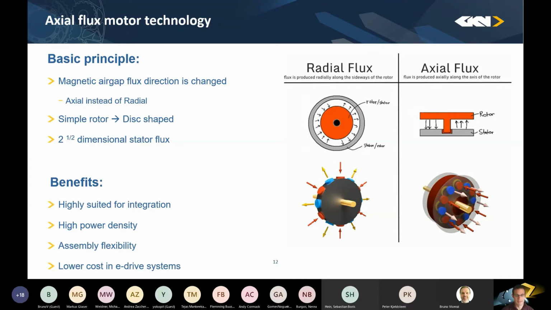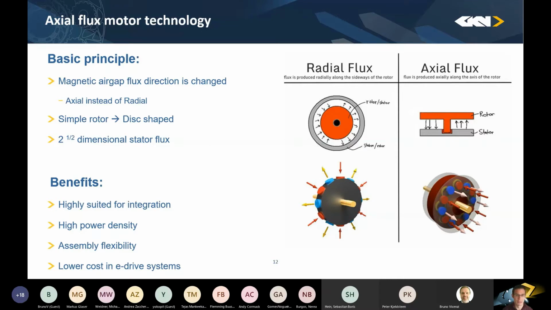On one hand, and that's especially important for smaller motors, with this disc-shaped rotor motor design, you can integrate the axial flux motors very well into various space conditions, envelope conditions, and therefore you can build smaller motors, utilize your space more efficiently, and at the end have more robust systems due to that. The power density is the next aspect for axial flux motors, especially if you want to build axially short motors.